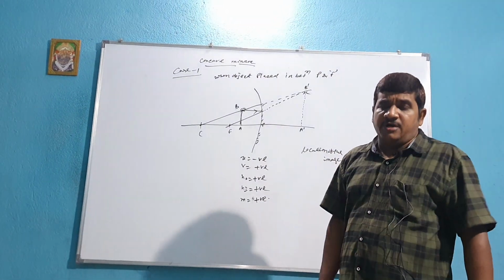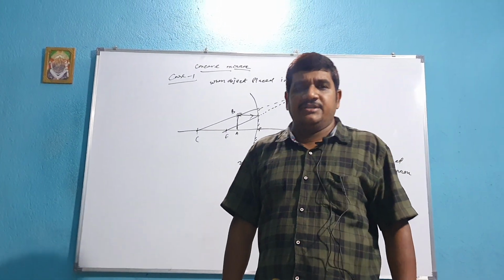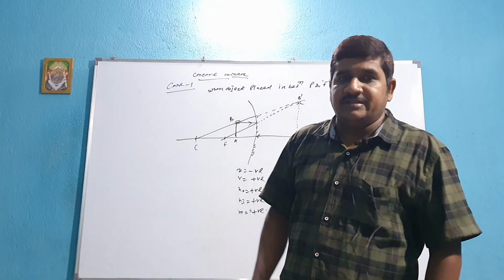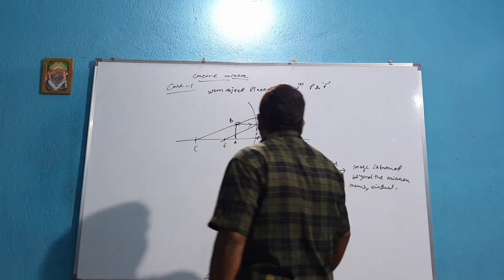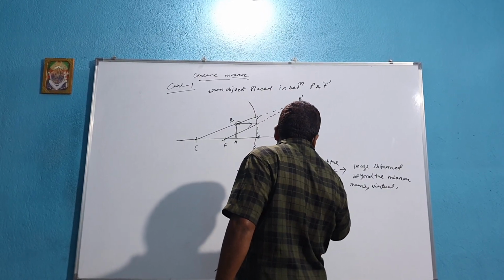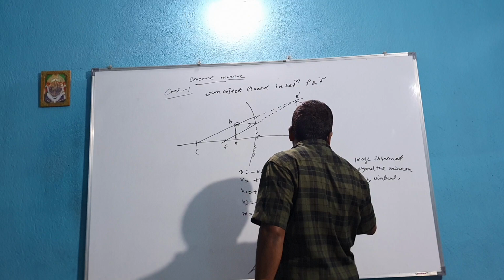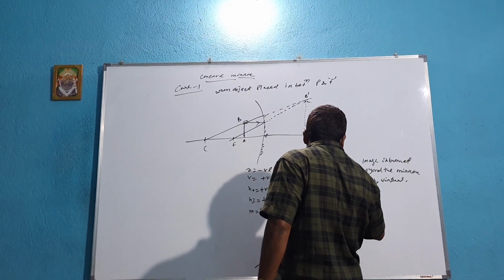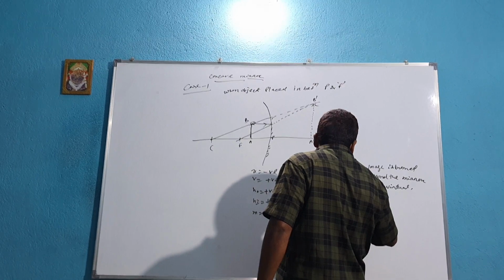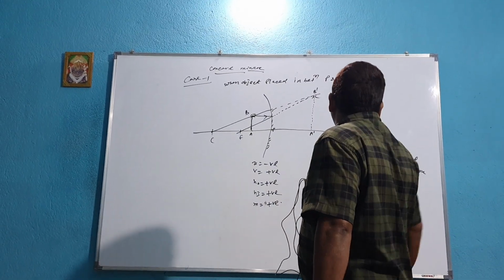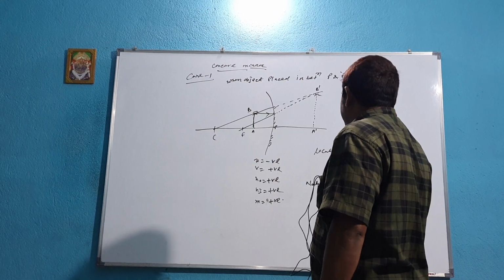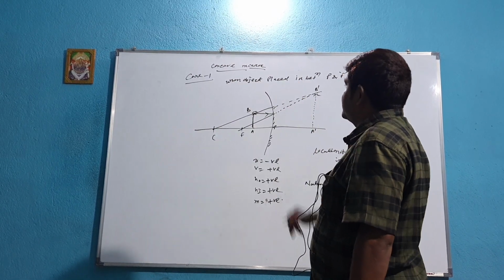When the image is formed behind the mirror, then this is known as the virtual image. Nature: enlarged. Image is formed beyond the mirror and this is enlarged in nature. Okay, this is the case 1.